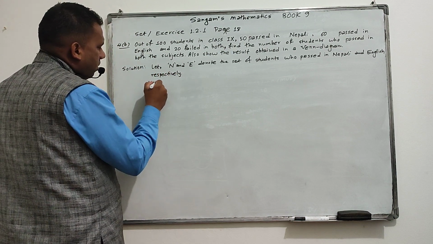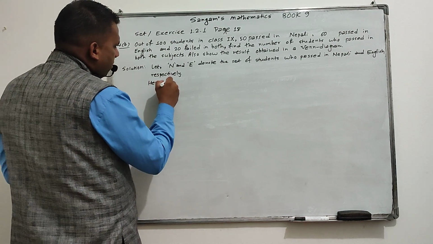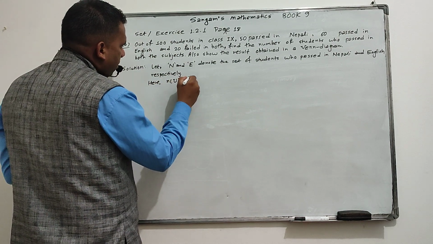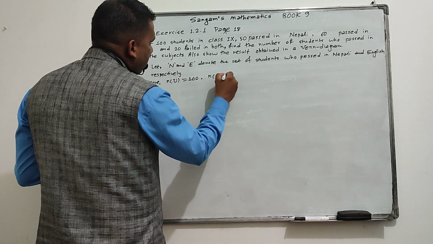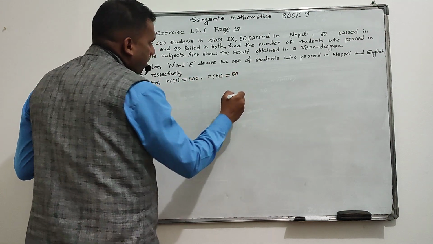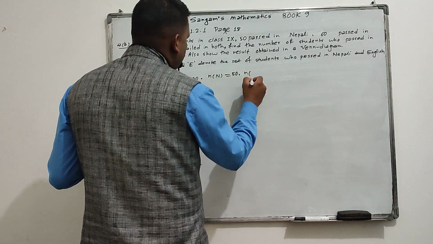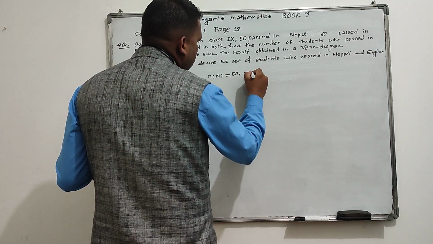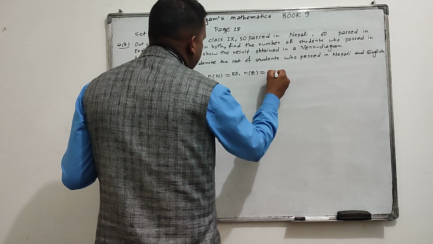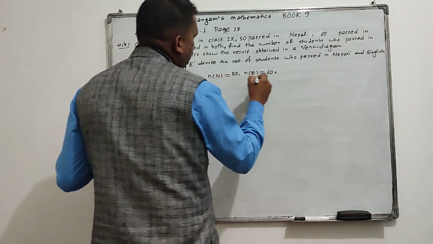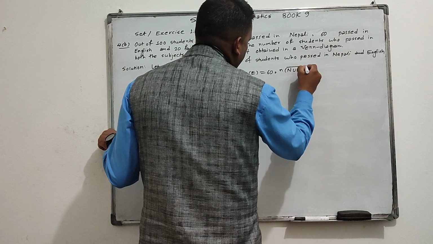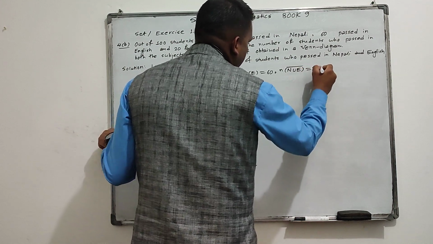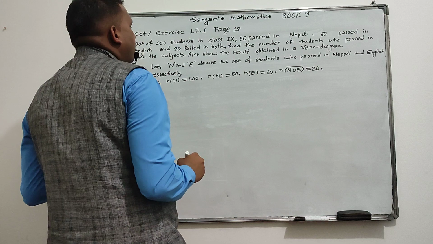Here, n(U) is 100, n(N) is 50, n(E) is 60, and 20 fail in both. So that is n((N union E) complement), that is 20. We have to find who pass in both subjects.